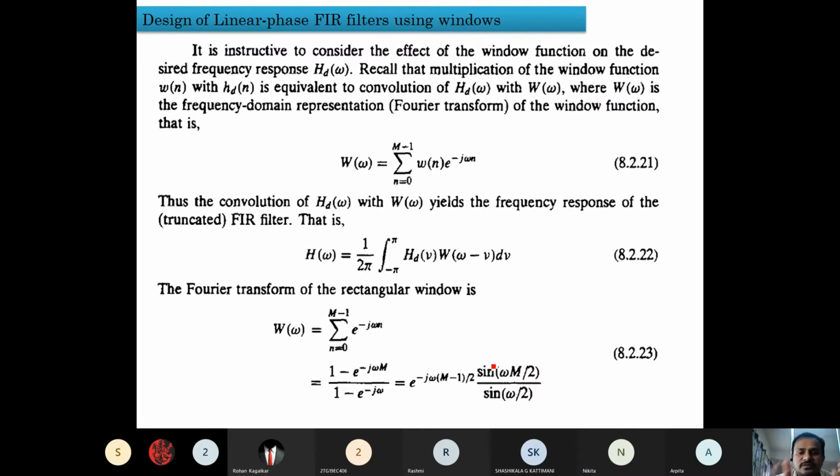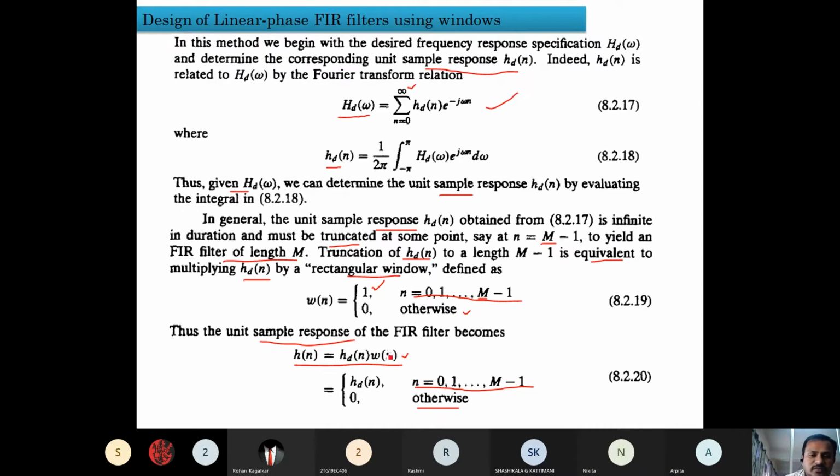Different windows are going to have different characteristics. The rectangular window has only two states, 0 or 1. Within the range, the window will be available. Outside the range, there is no window, so that is 0. So w of n is one function that returns only two values, 1 or 0.